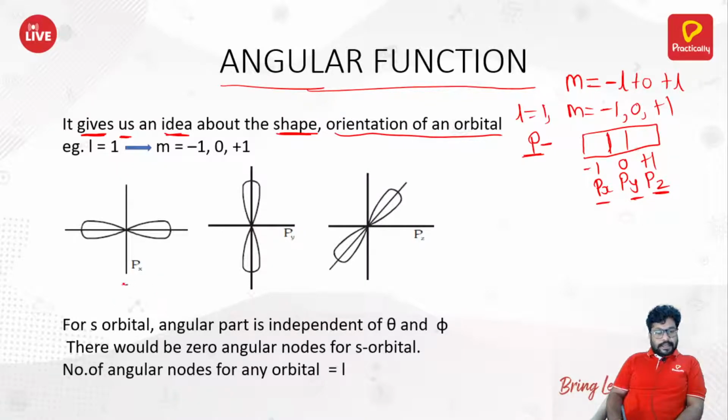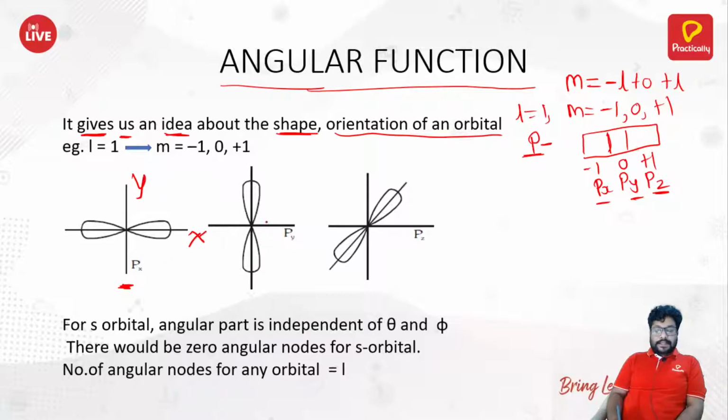So this is your px. Why am I saying this is px? See, this is the x axis, this is your y axis. When it is along the x-axis, it is px. You can see here, this is along the x-axis, so px.